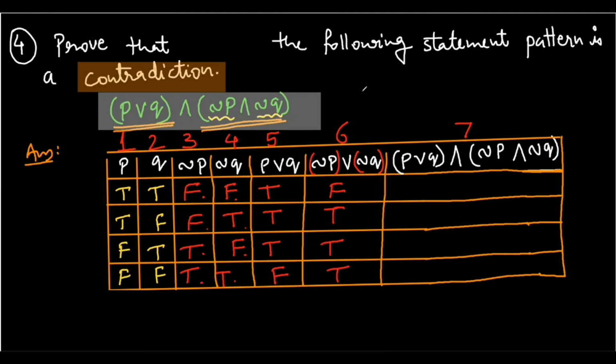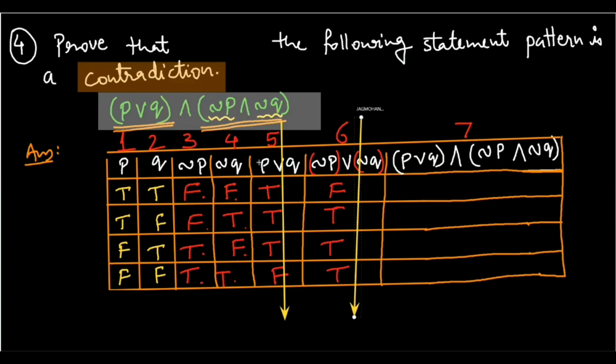Then seventh column. Now I have to make the entry for the conjunction of what I have in column number 5 and column number 6. I think somewhere I have committed a mistake.